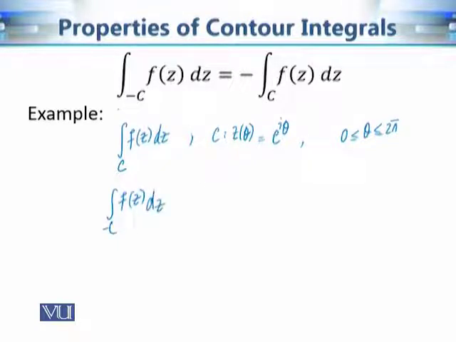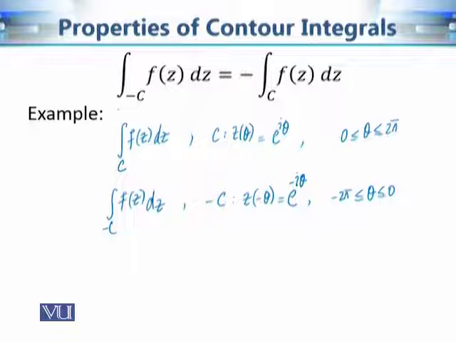This contour C is basically moving from 0 to 2π, so in other words it's moving in the counterclockwise direction. But if we take this contour minus C, which is z(−θ), which is going to be equal to e^(−iθ), and of course the limits will be from −2π to 0, we can see that the orientation is different.